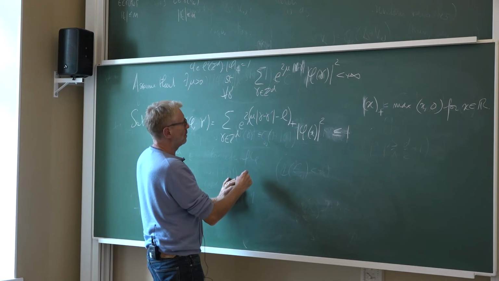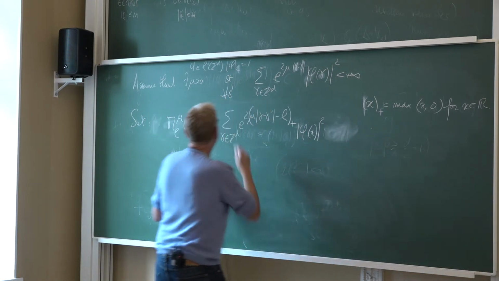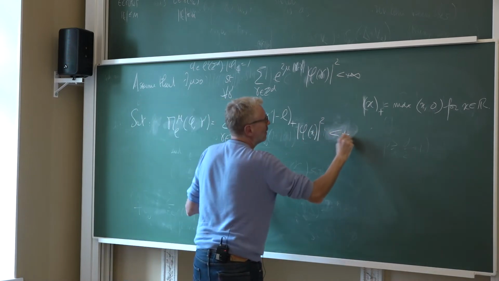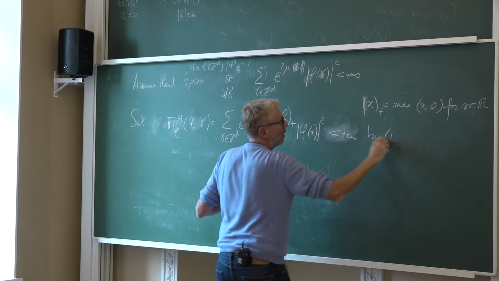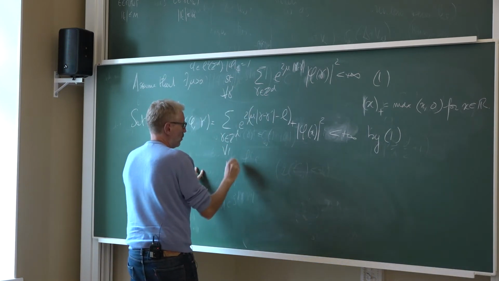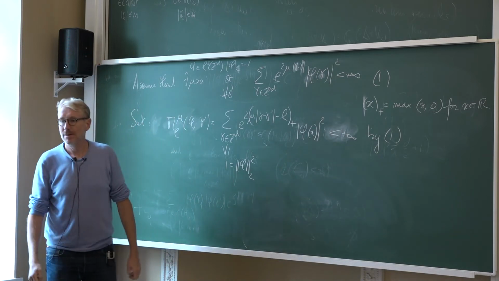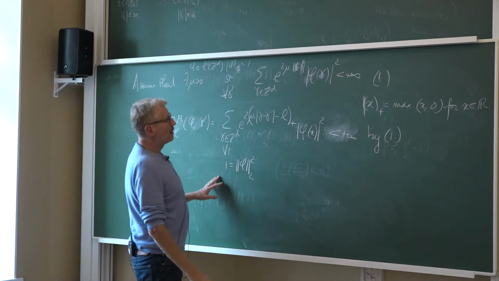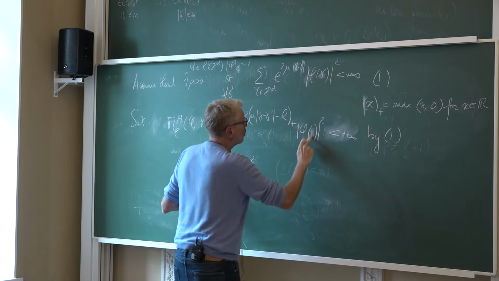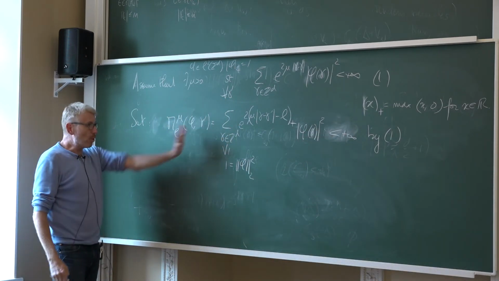It is finite, and it is always larger than 1, which is the norm of phi squared. Oh, gamma, yes, sure, of course, thanks. It is gamma. You always have this.